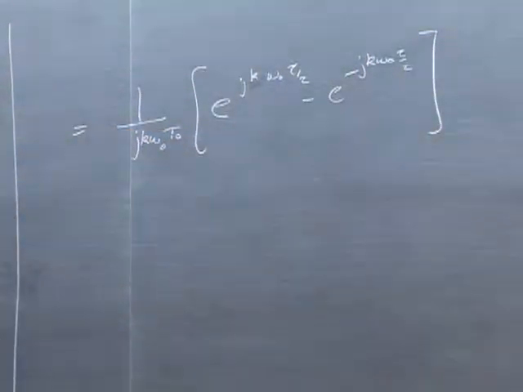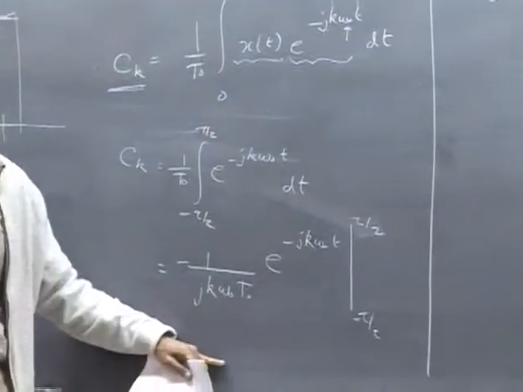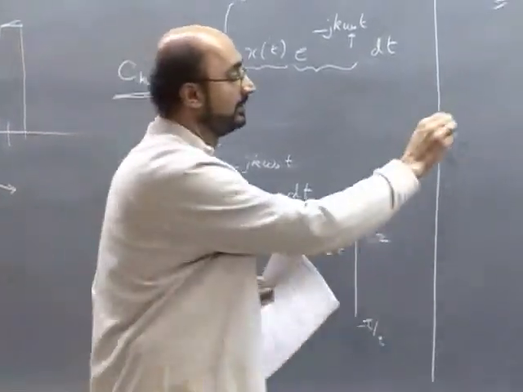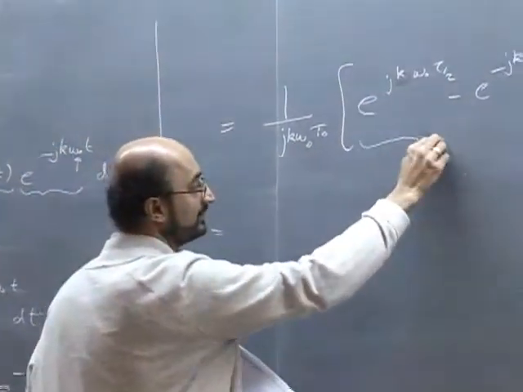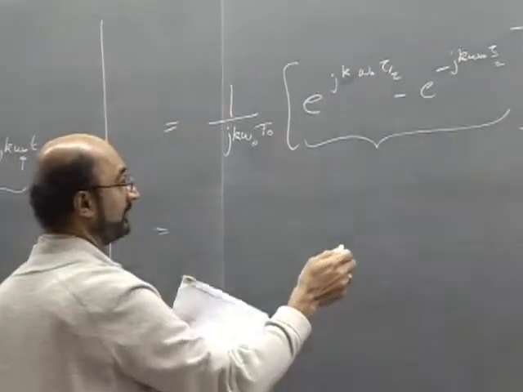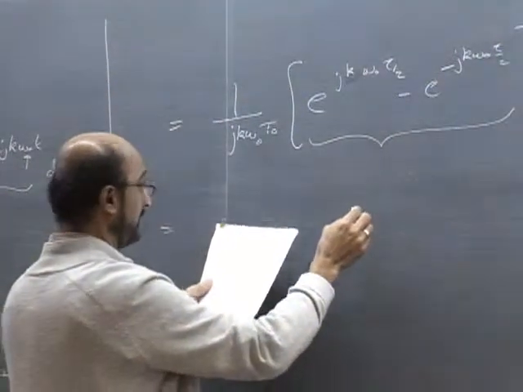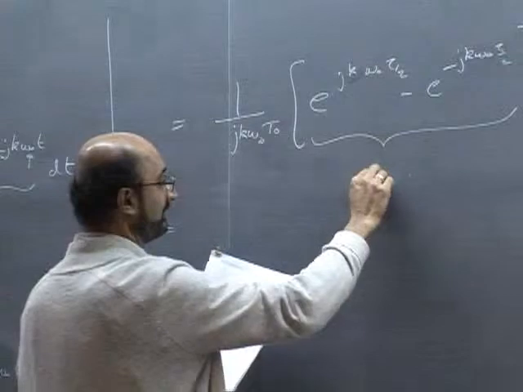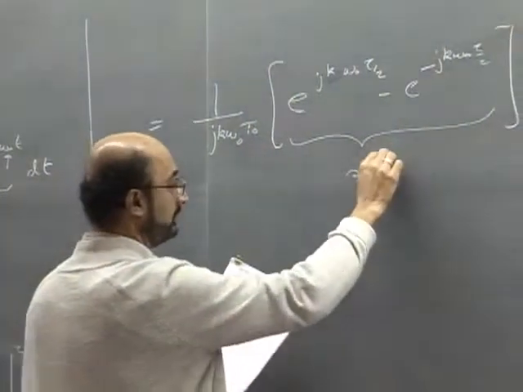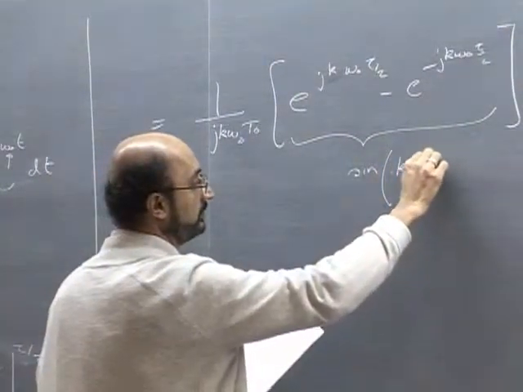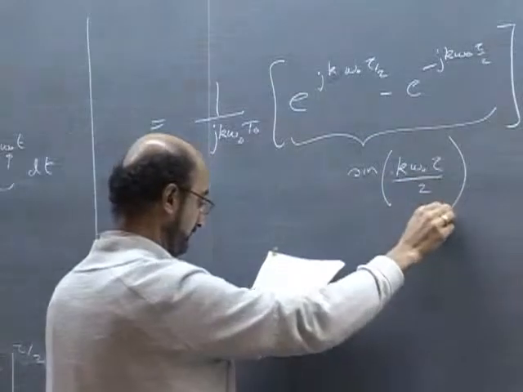And this is just substituting the limits of integration, and recognizing this from the Euler formula, this is equal to basically sine of k omega naught tau by 2.